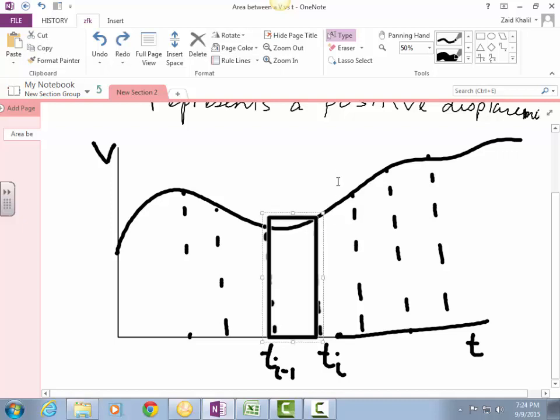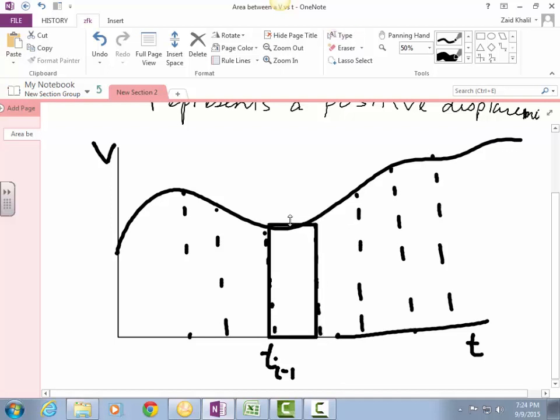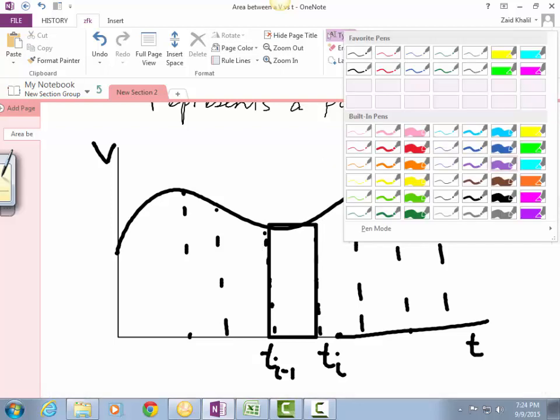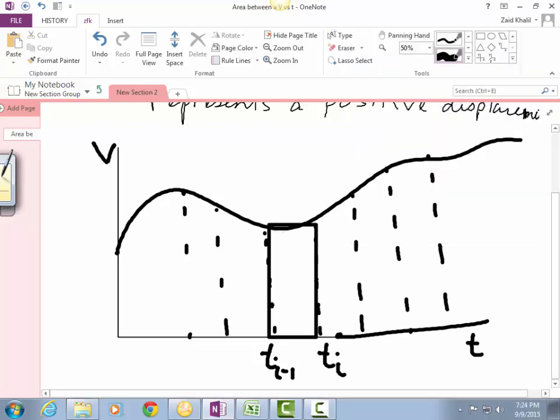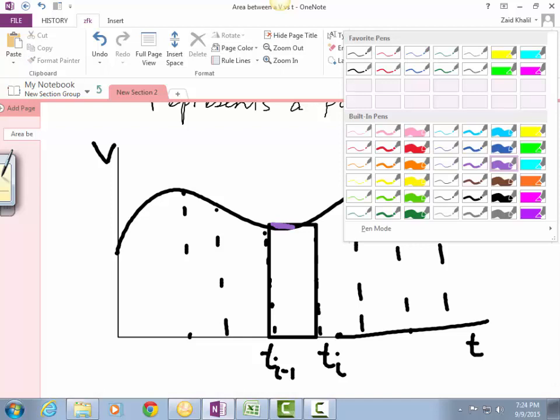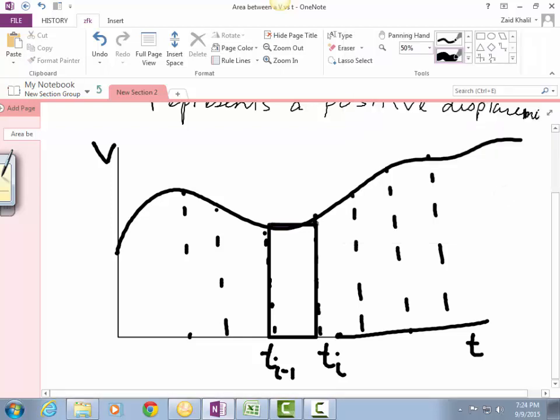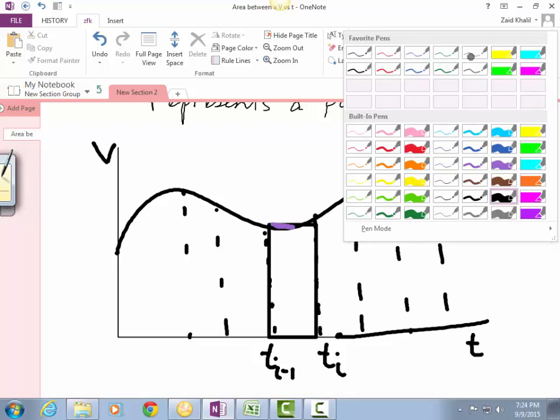As you can see, doing this requires a little bit of nuance, because there's going to be some area in this rectangle that you're including under the curve and some area that you're excluding. So if you look at this, in a different color, we're including this area, we're including this area, but we're excluding this area.